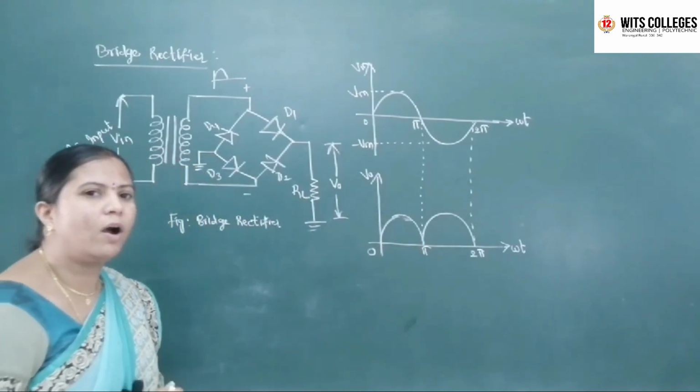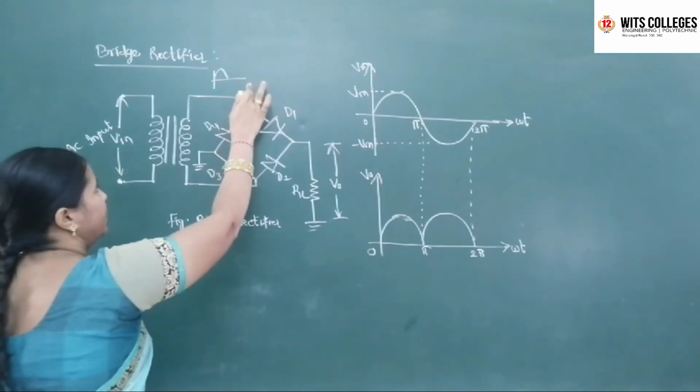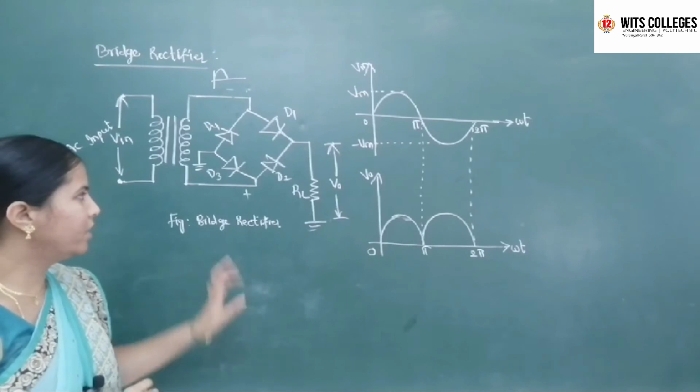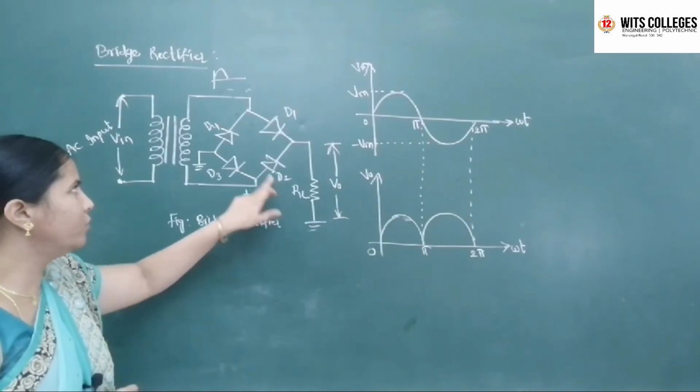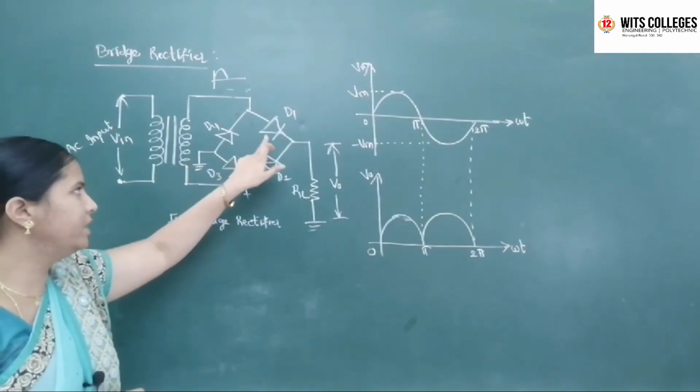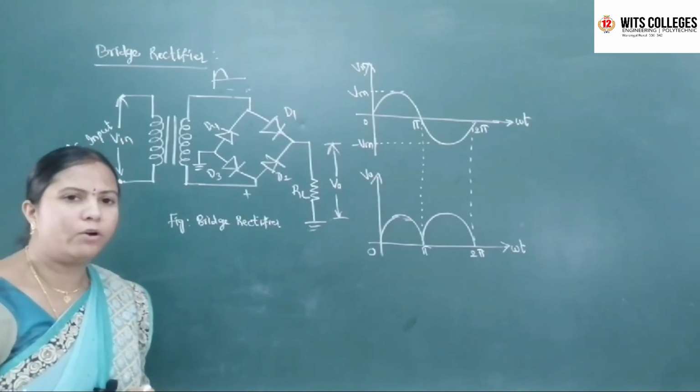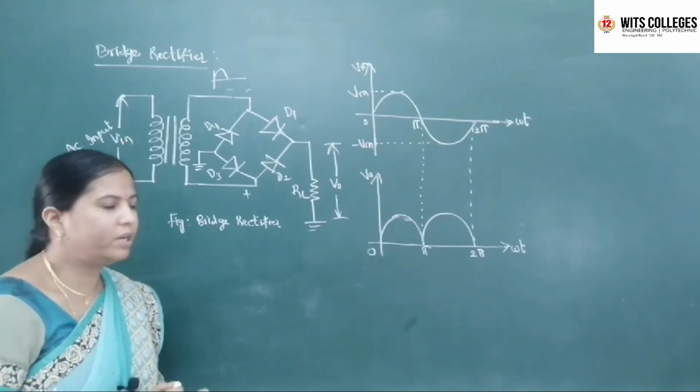During the negative half cycle, what will happen? The transformer secondary terminals become negative and positive here. In this stage, diodes D2 and D4 are forward biased, and D1 and D3 are reverse biased. So only the D2 and D4 diodes conduct; current flows only through D2 and D4.